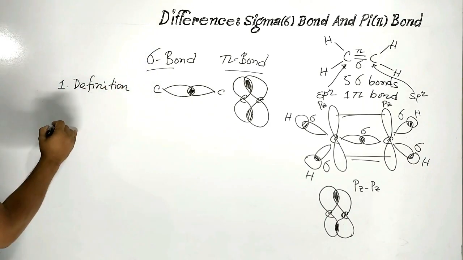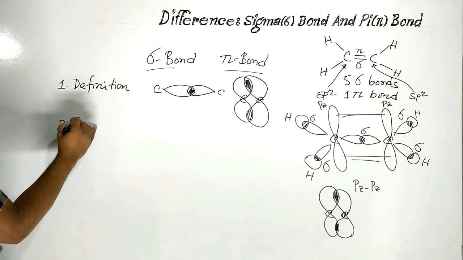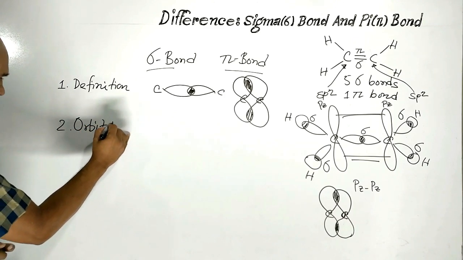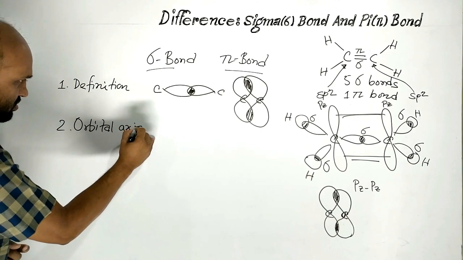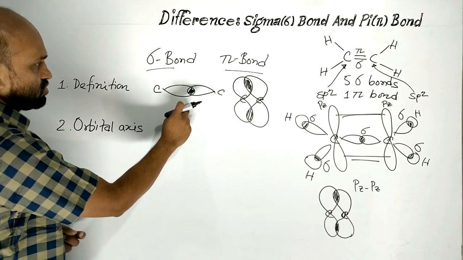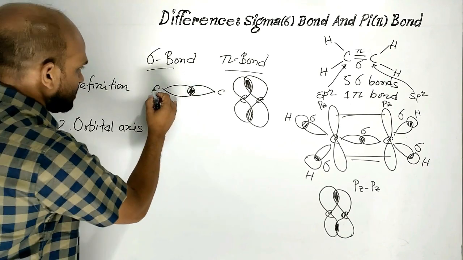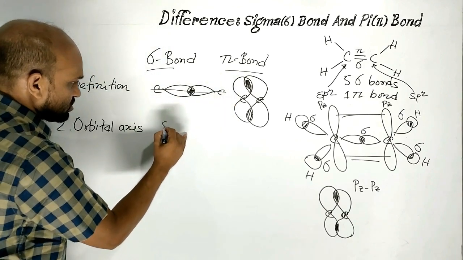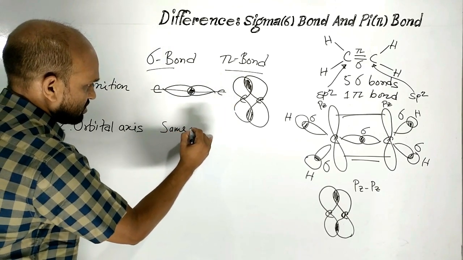Then point number 2, orbital axis. In case of sigma bond formation, two orbitals lie in the same axis. So this is the same axis.